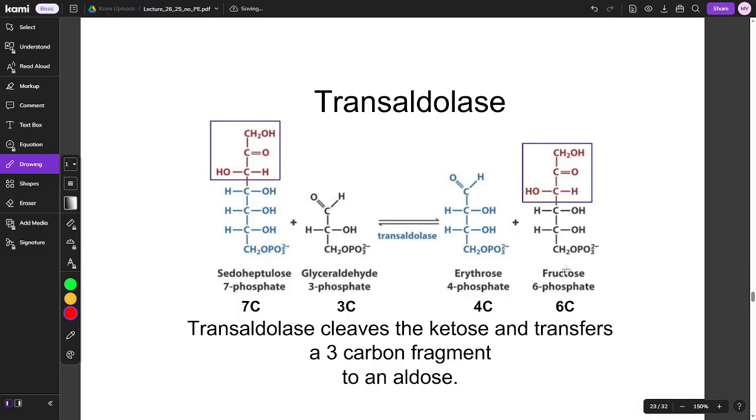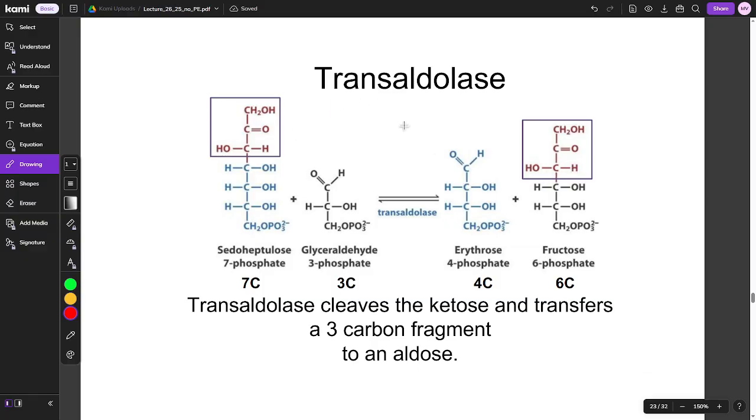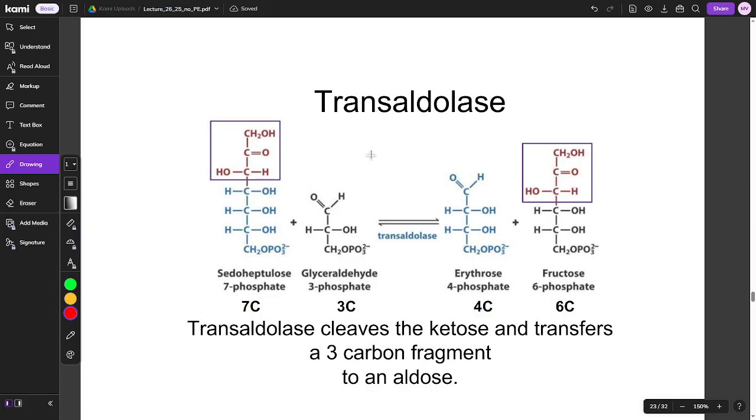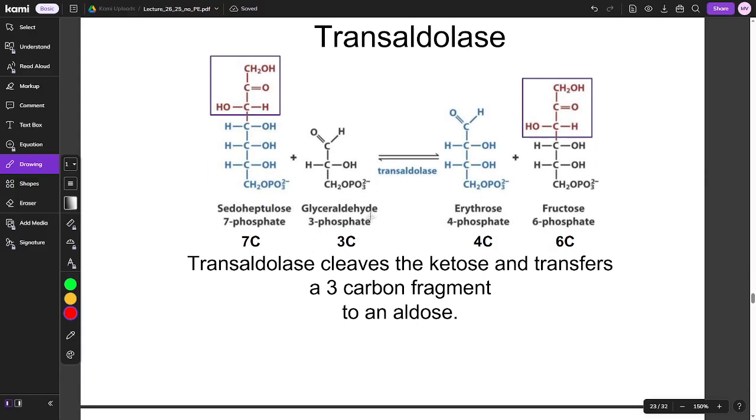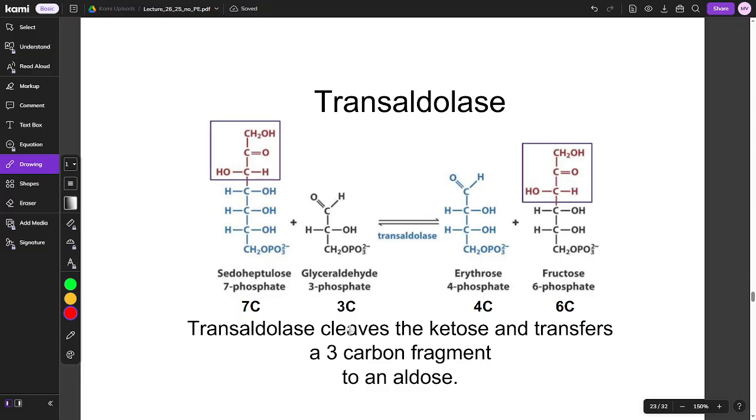So what we're doing is we're just going to do a bunch of carbon shuffles again. But this is just an example of what is happening in a transaldolase reaction. If we look here, it cleaves the ketose and transfers a 3-carbon fragment to an aldose.